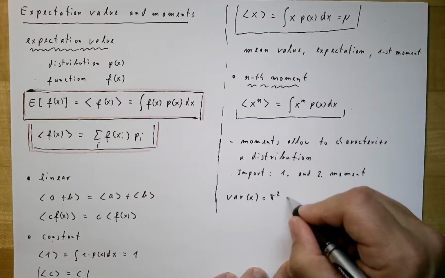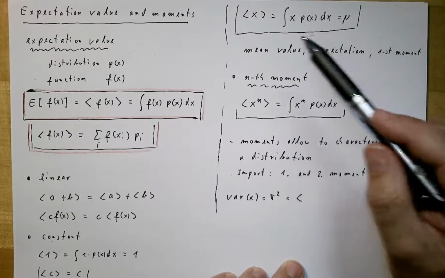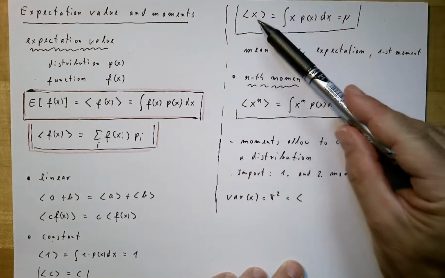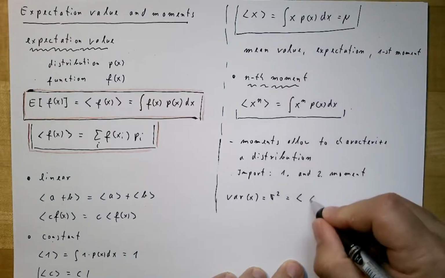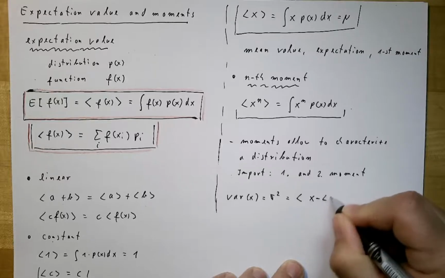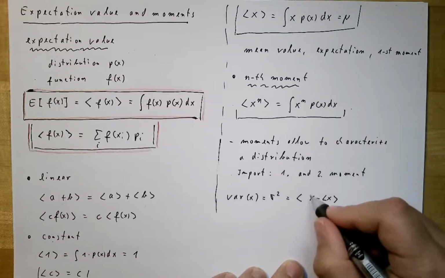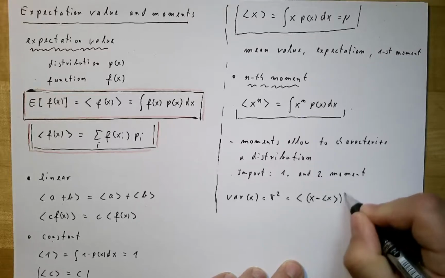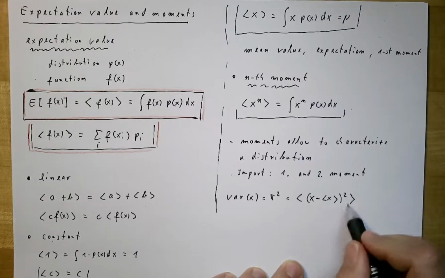So we take the expectation of the difference of a random variable from its mean value. So we take the difference x minus the mean value. But now, since these deviations from the mean can be positive or negative, we square this so that every deviation makes a contribution. And then we take the expectation value of this.